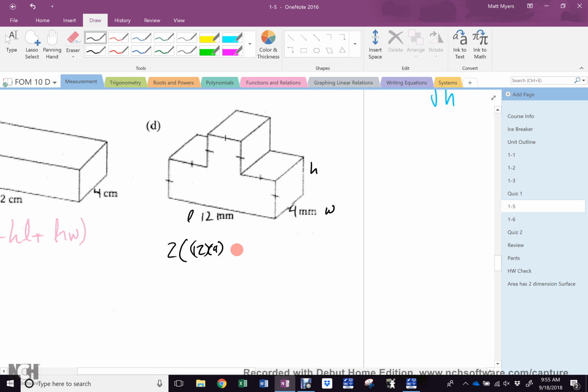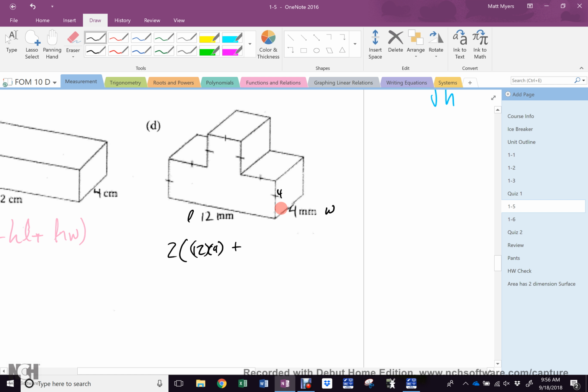So there's my LW plus. Now, what's my height? You do know, because if this is 12 and it's been divided into 3 even chunks, how big is each of these? 4. What do these lines mean? That they're all the same. So you know that this is 4 as well.